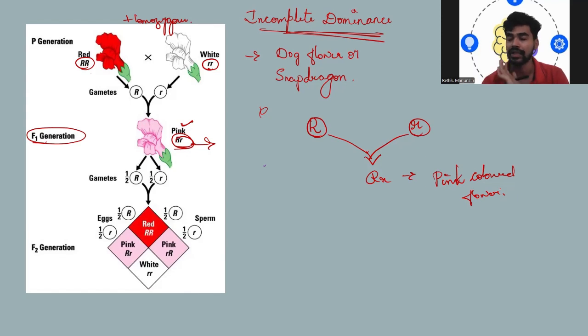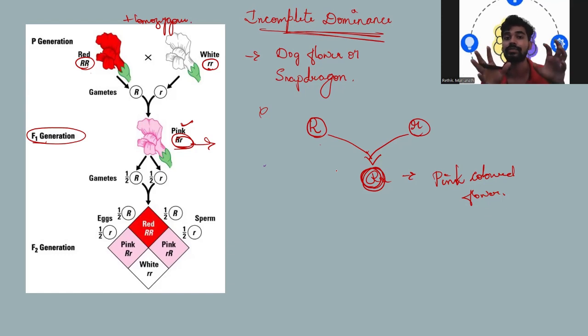So what I can say here is that this capital R, the red color character, is not completely dominant over the small r, the white color character. That might be one possibility.